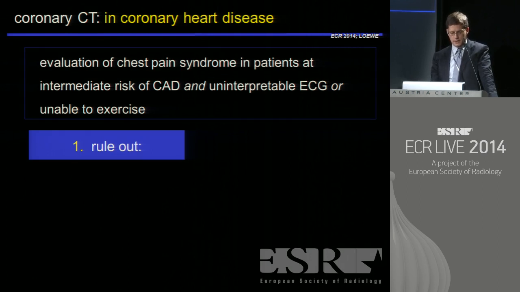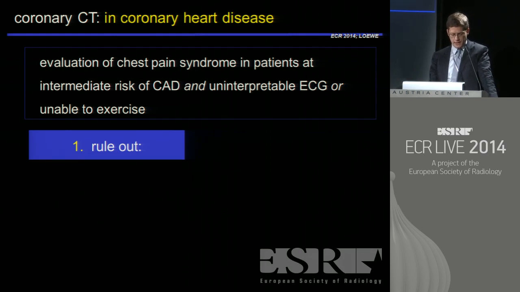The most important indication, the most appropriate, and the best published and included in all the recommendations, is the rule out. So the rule out of a coronary artery disease in patients with low to intermediate risk for the presence of a coronary artery disease and a normal or uninterpretable ECG, or a patient unable to exercise.